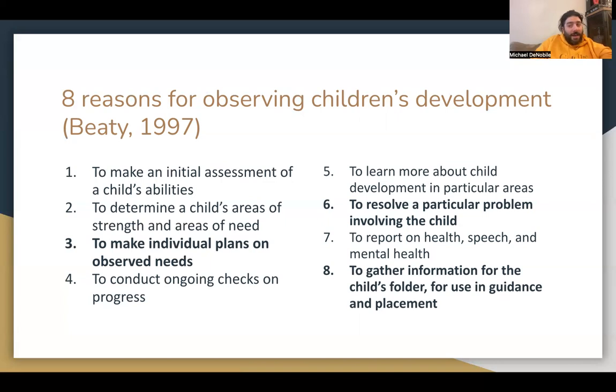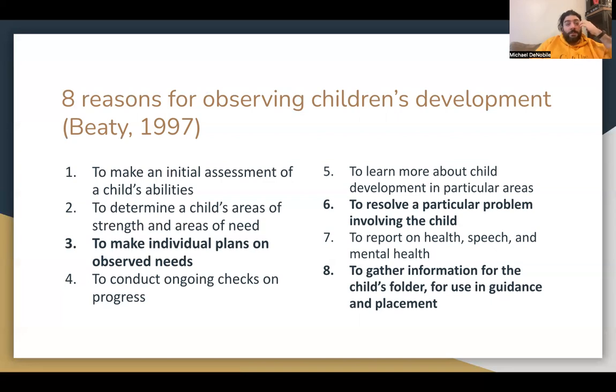What evidence can I gather to support that this problem is actually happening? And then I can go off now and kind of like in number 3, but I can now address this problem directly because I have firm evidence because I personally observed it. And then number 8 is important, to gather information for the child's folder for use and guidance and for placement.